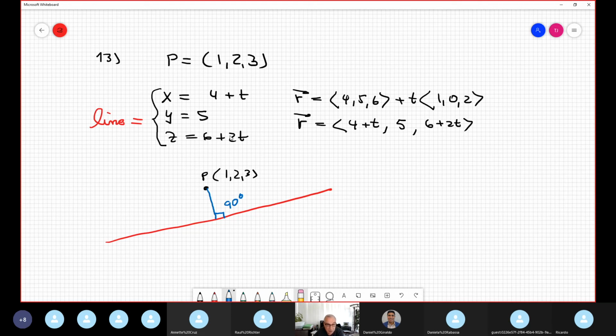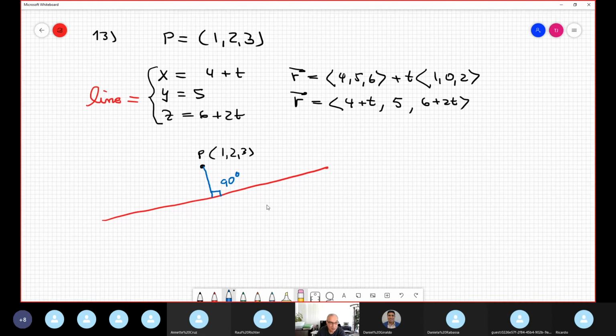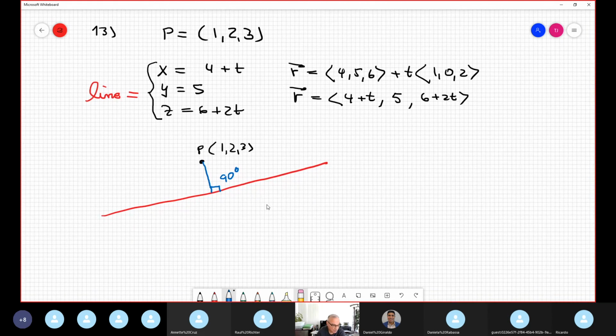So, I have two possibilities: either using the formula or using the imagination. For example, I determine one point on the line.